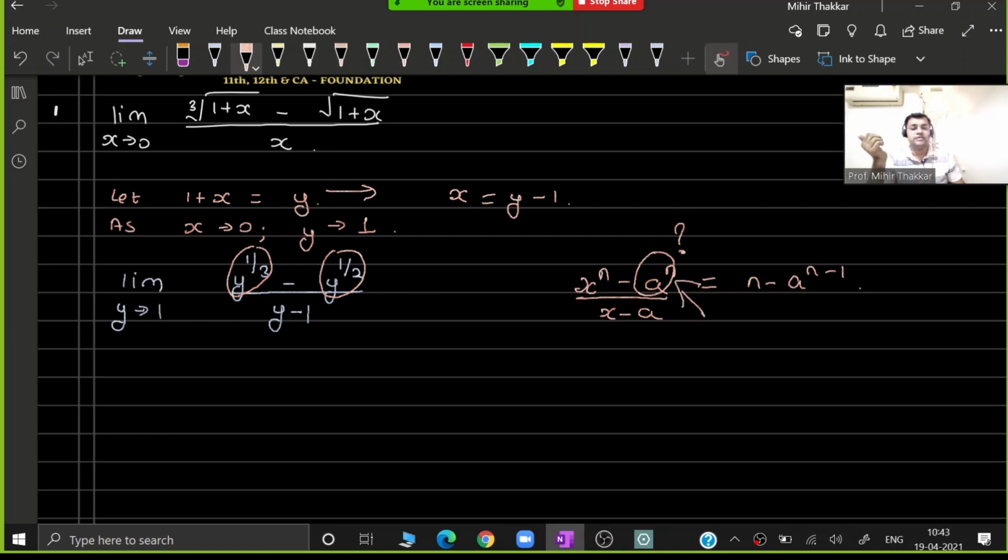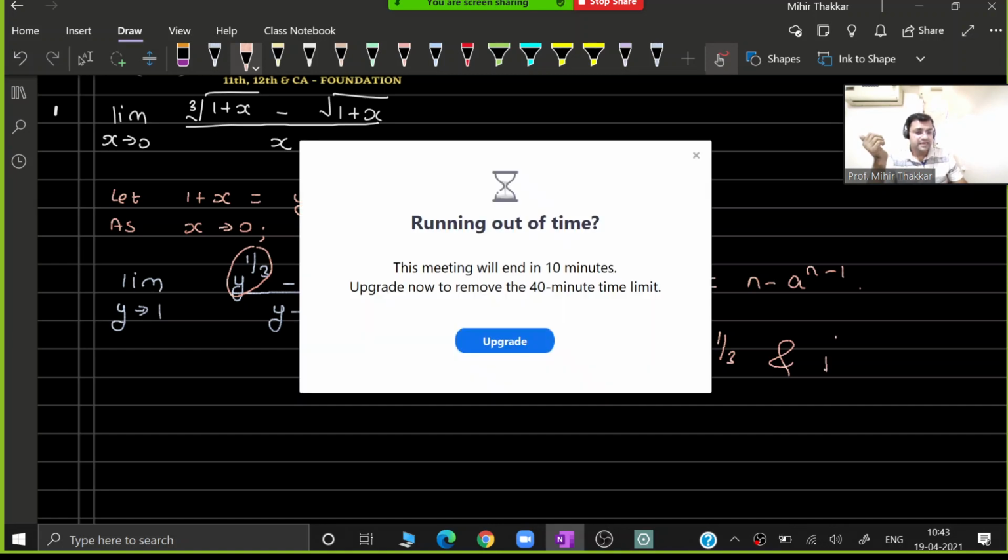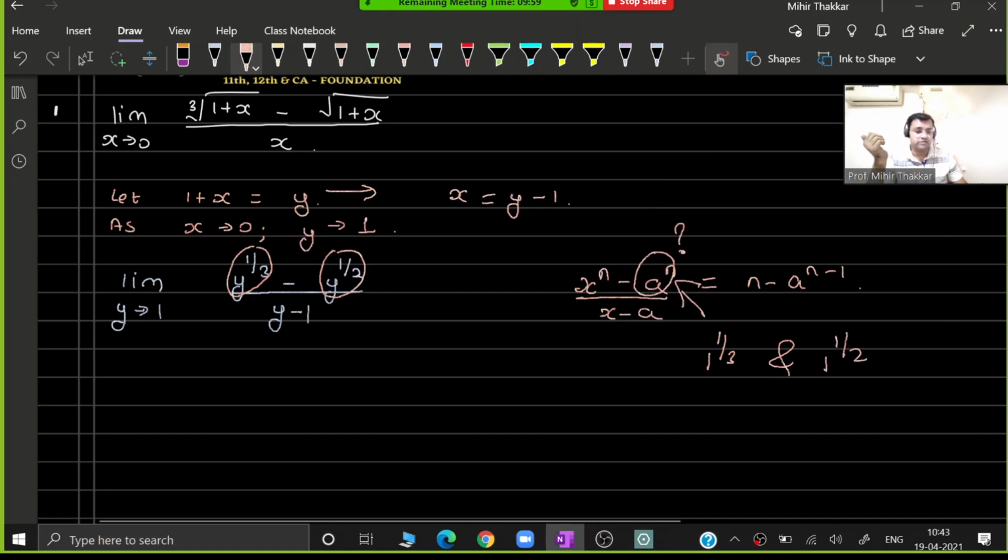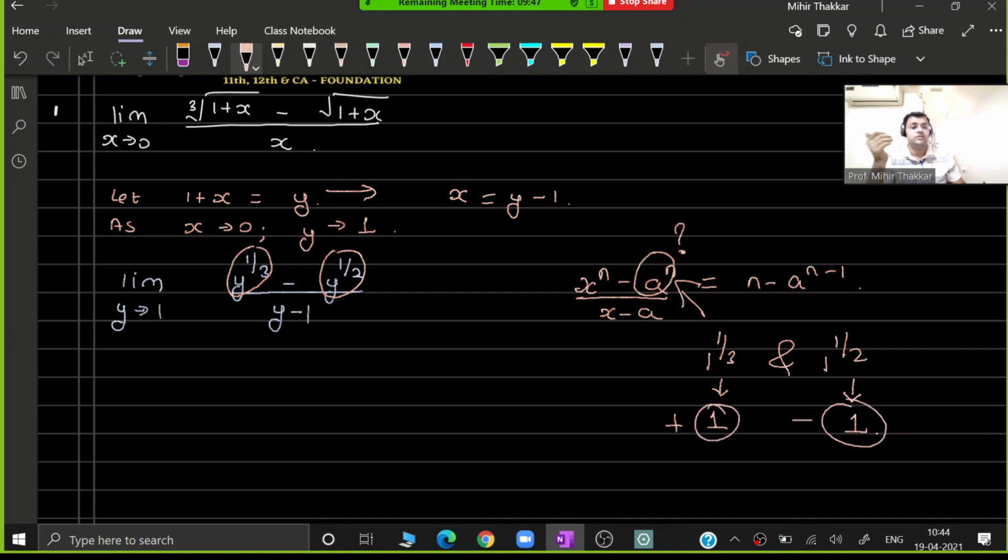What is a over here? It is 1. So if a value is 1, I require two things: 1 to the power 1 by 3 and 1 to the power 1 by 2. Now 1 to the power 1 by 3 is 1, and 1 to the power 1 by 2 is also 1. So friends, you just require plus 1 and minus 1. Then automatically your elements will get adjusted.